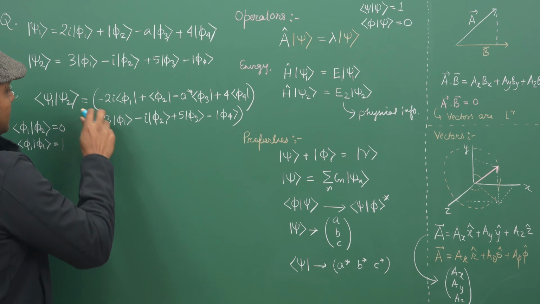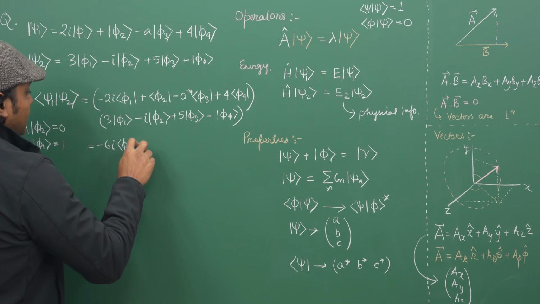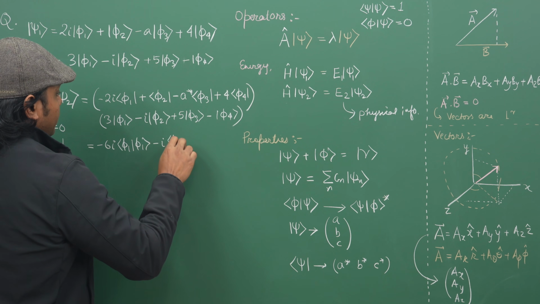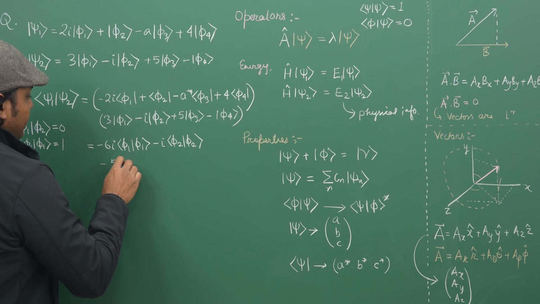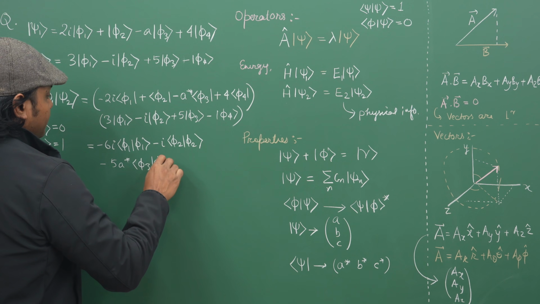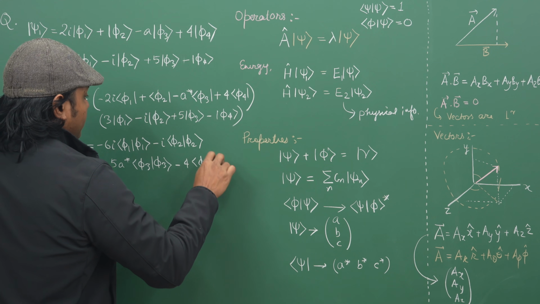So that means 3 minus 6 iota phi1 phi1, minus iota phi2 phi2, minus 5a star phi3 phi3, minus 4 phi4 phi4.